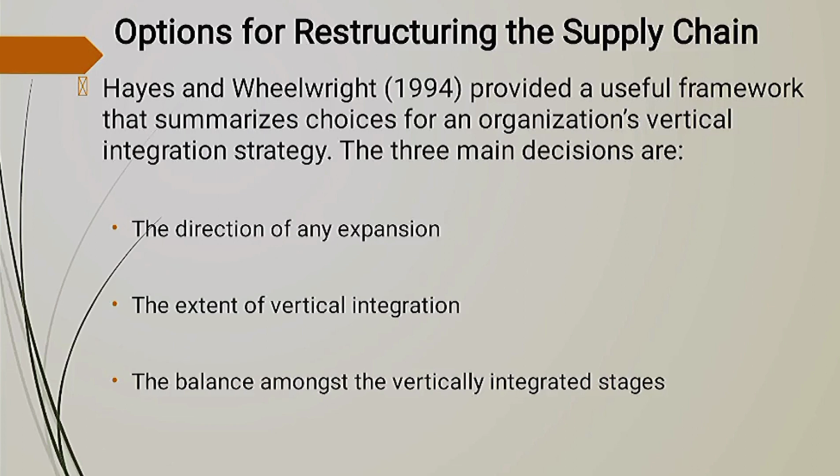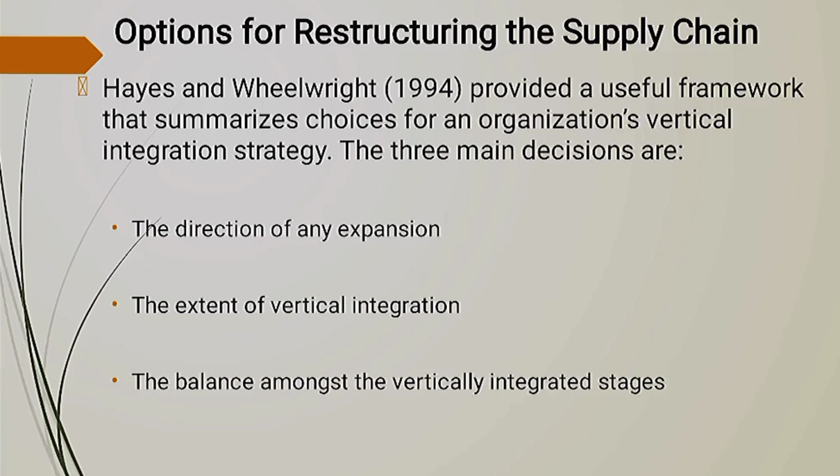Second, the extent of vertical integration. How far should the company take downstream or upstream vertical integration? Originally, car manufacturers had a high degree of vertical integration, but more recently they have moved from a wide process span to a narrow process span. And the third one is the balance amongst the vertically integrated stages.